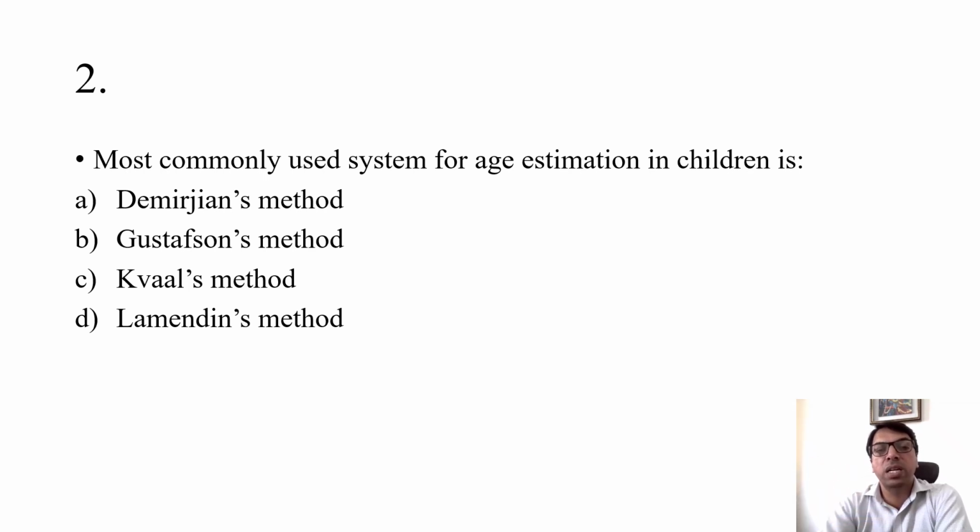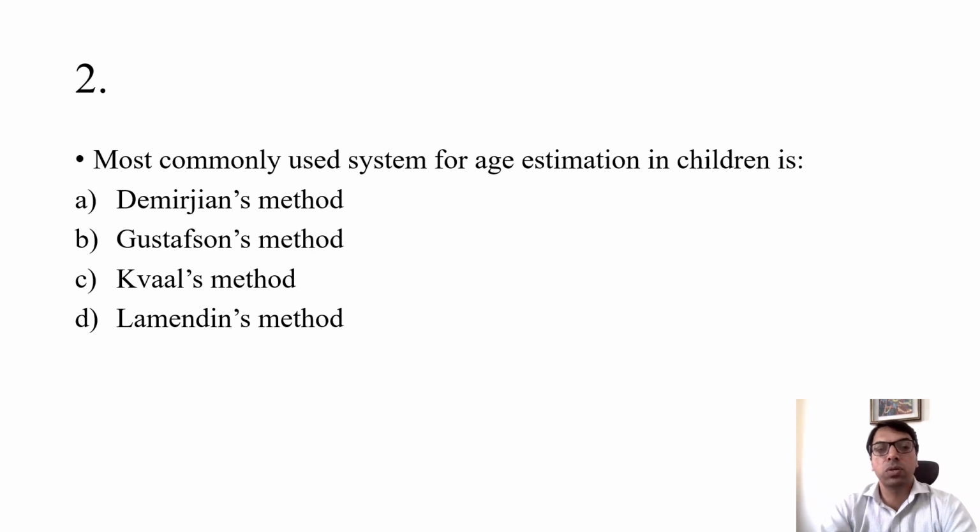It is not calculated in Demirjian's method. So we take the X-ray, give the marking from A to H, and with the marking we calculate the total scoring of the teeth in the lower jaw. So it is the answer, Demirjian's method, to calculate the age of a child, right?